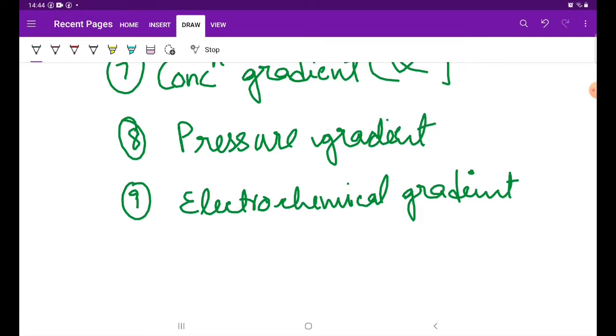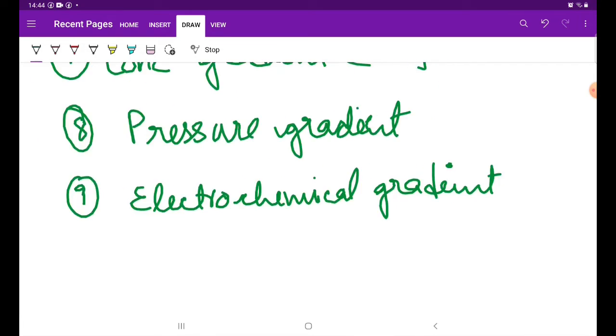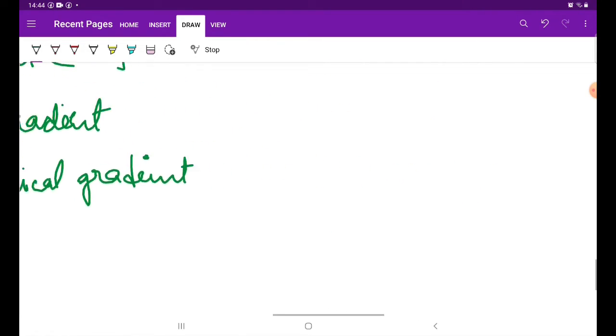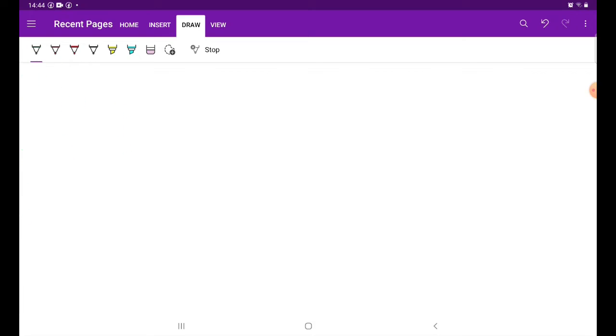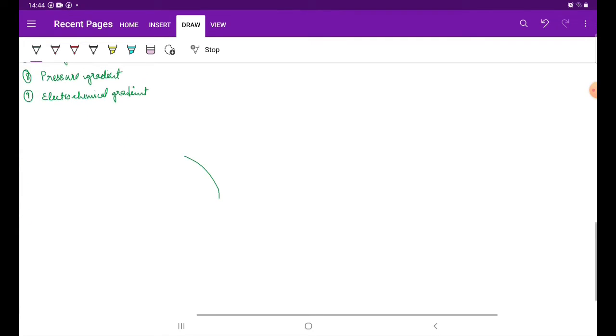Okay, so these are the things. Electrochemical gradient, you can understand, is like we talked about that sodium leaky channel, right?